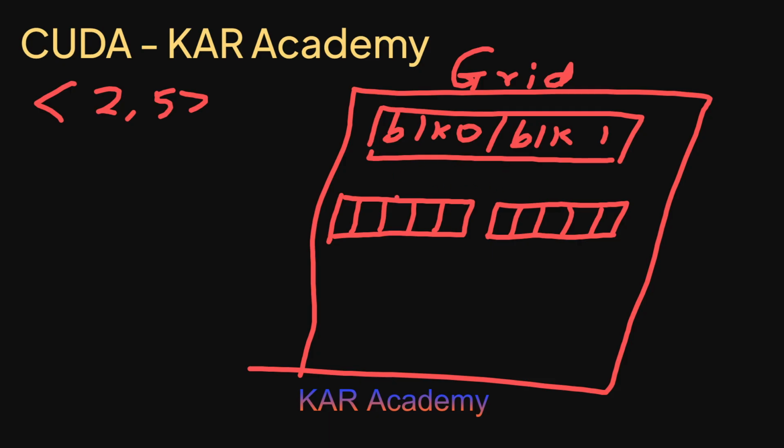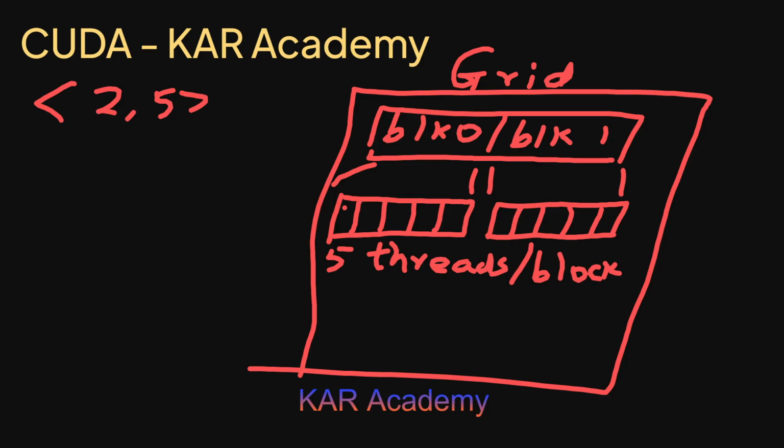So 2 blocks and 5 threads per block. These 5 threads correspond to this block, and these 5 threads correspond to this block, which ranges from 0, 1, 2, 3, 4. So it's a single dimensional one.